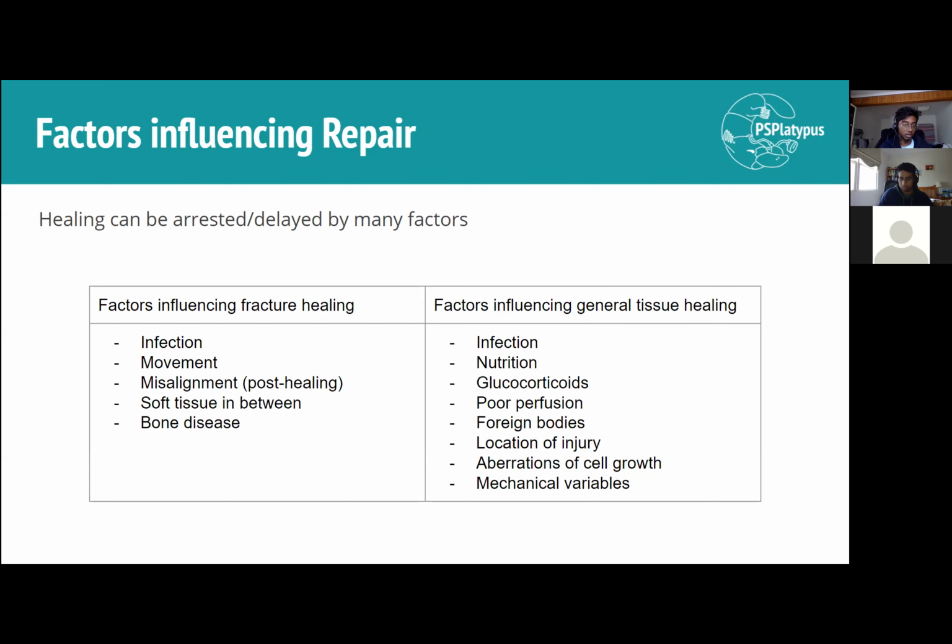If there's soft tissue stuck in between the fracture, that's going to be a problem. Bone disease is going to be a problem as well. But for general tissue healing, again, infection, nutrition is important. Glucocorticoids, that's a drug that can inhibit tissue healing. Poor perfusion makes sense, we want blood to transport stuff. Foreign bodies, location of the injury, aberrations of cell growth, and mechanical variables all are factors as well.